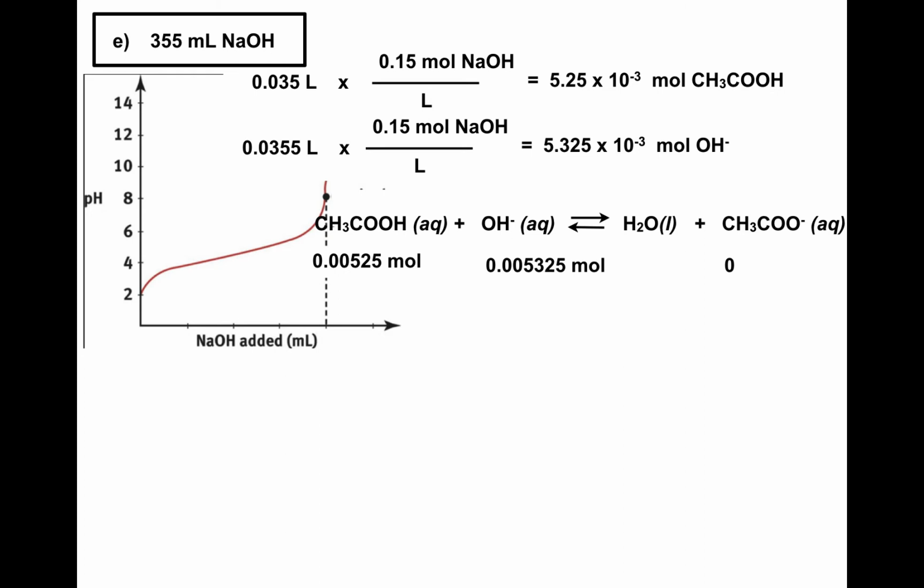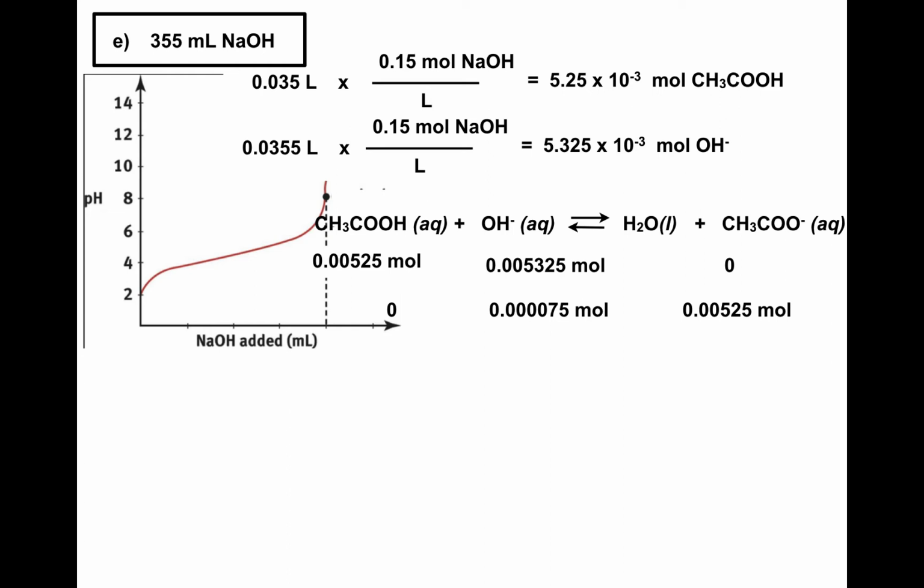So moles of acetic acid burn up, the 0.00525 moles of acetic acid, burn up that amount of hydroxide, and we'll have excess hydroxide. And that's the main thing that's affecting the pH, not the conjugate base at this point. That's going to contribute a minimal amount, especially with hydroxide floating around.